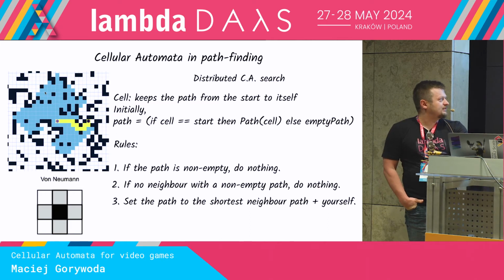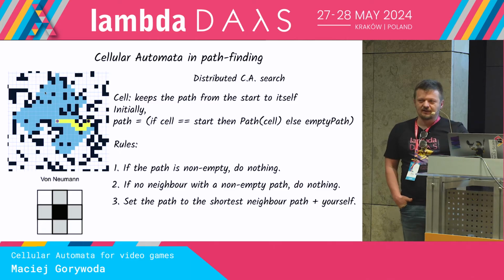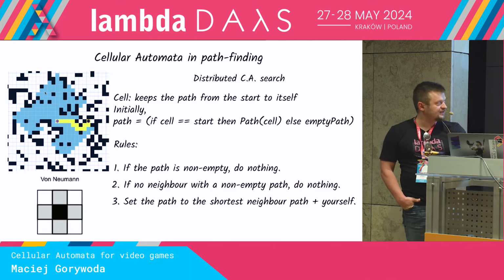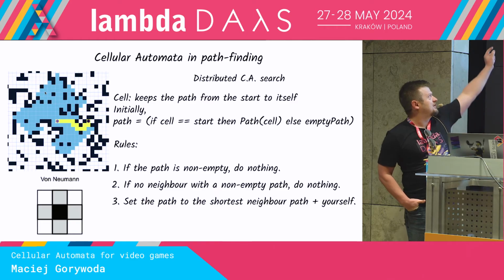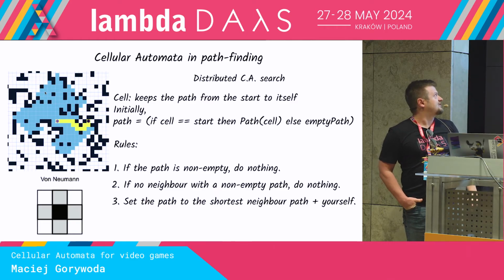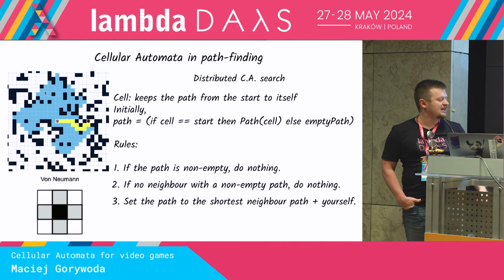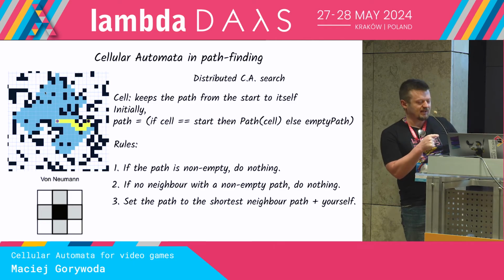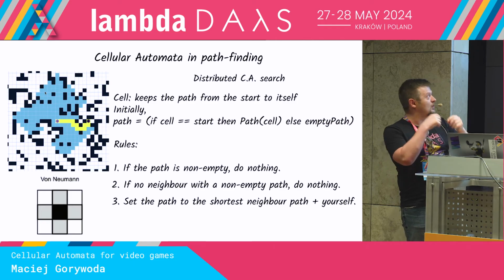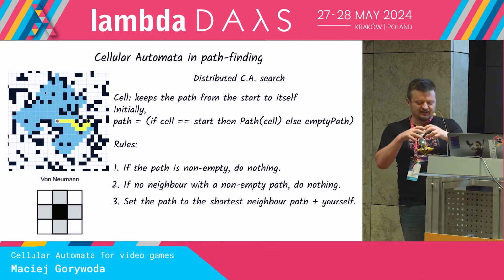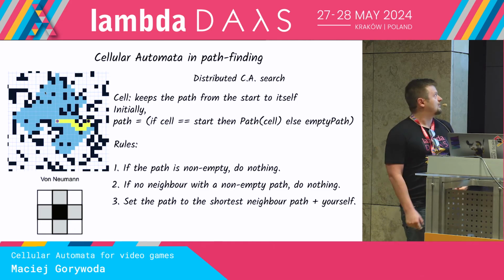Then the third rule is that if we have a cell in the neighborhood that has a path, so at the beginning it will be only the 4 cells in the neighborhood of the starting point, then we take that path from the starting point, we add itself to the path, and that's the next state of the cell.